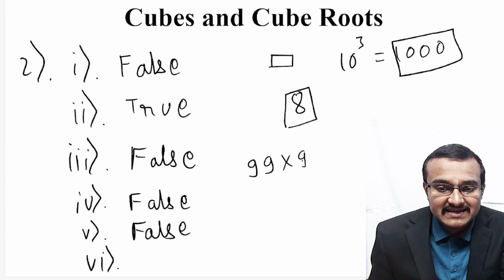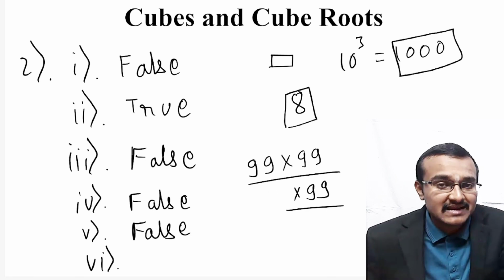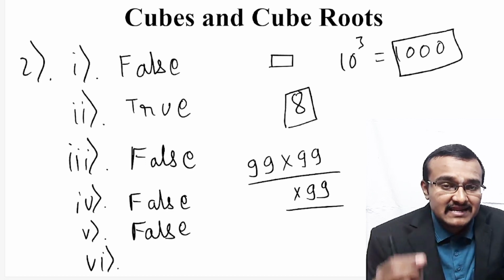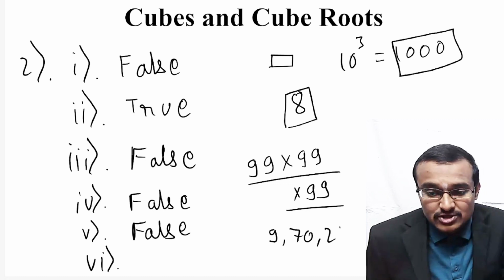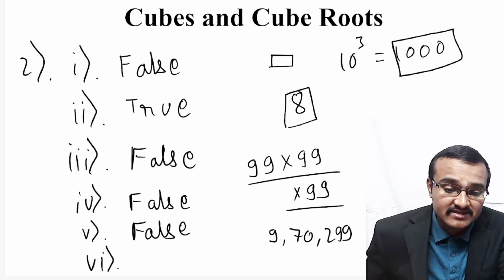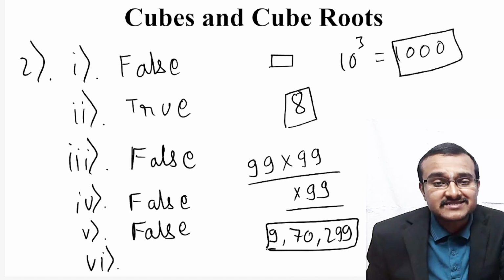When you take the cube of 99, 99 into 99 into 99, let's see what the number will be. It is 9,70,299. So the answer for 99 into 99 into 99 is 9,70,299.